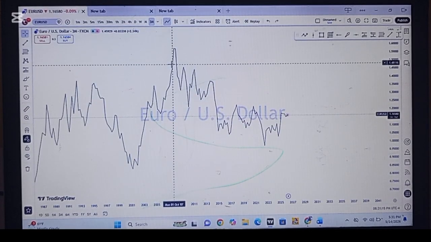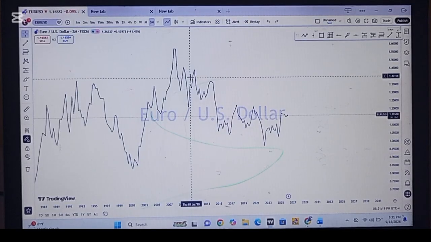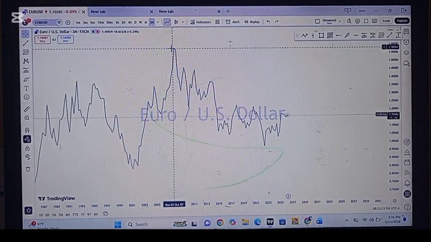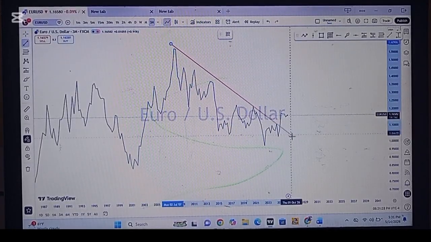So when it comes to the 3 months time frame, you can see from around 2017, we have not broken this high yet over the past years. In fact, we have been going in a downtrend like that.